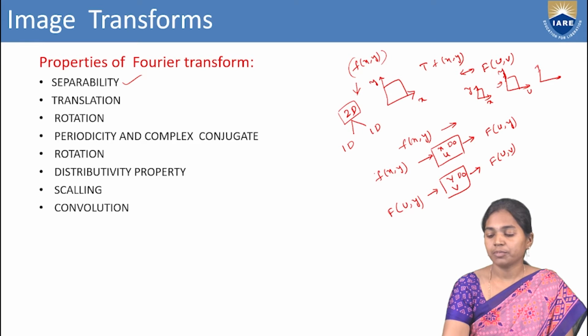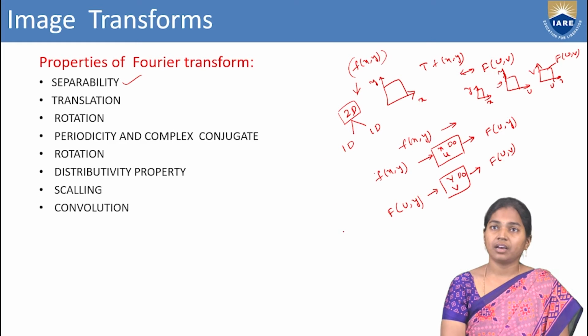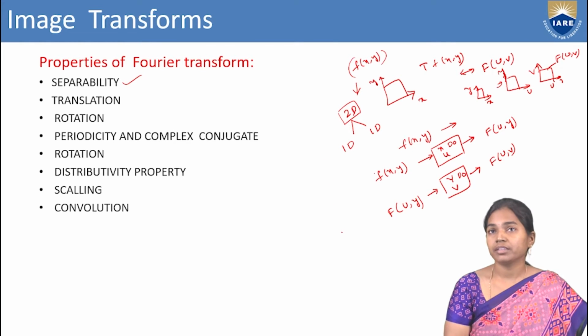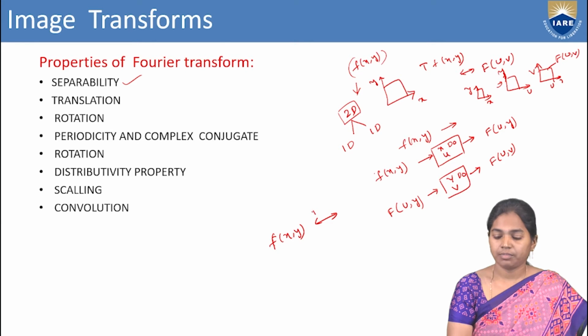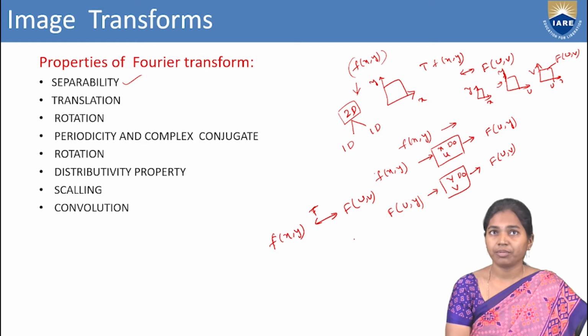Again apply the separable property on y, so it becomes v. The output is F of u comma v. So f of x comma y is our input image, we apply the transformation function, and the output is F of u comma v.